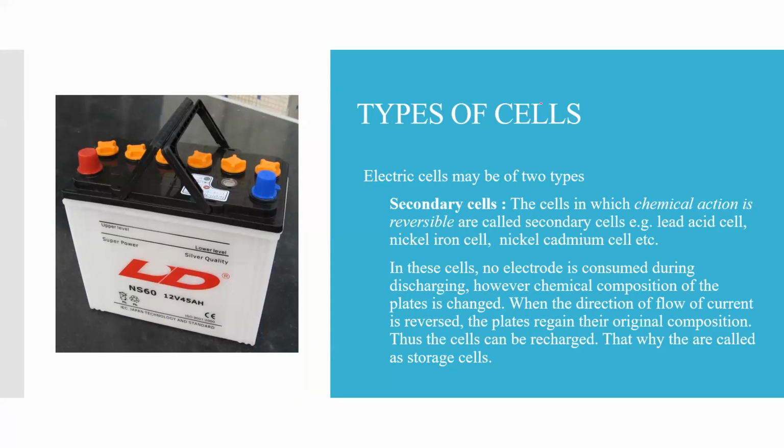You can recharge them, and once you recharge them, they will restore their original condition, hopefully, in ideal conditions. So we call them storage cells. They can store the energy for long, and you can charge and recharge again.